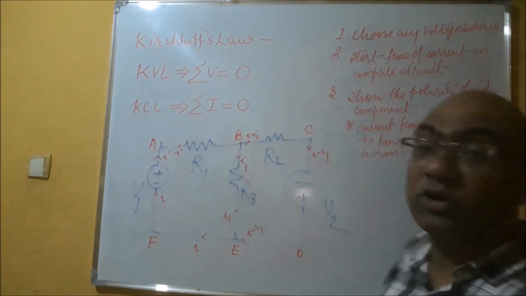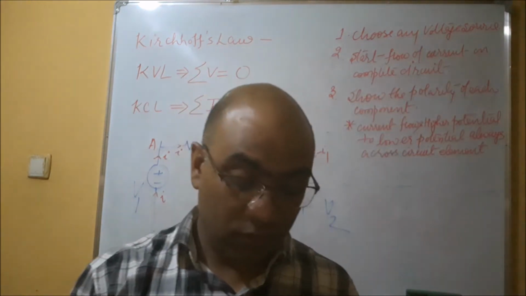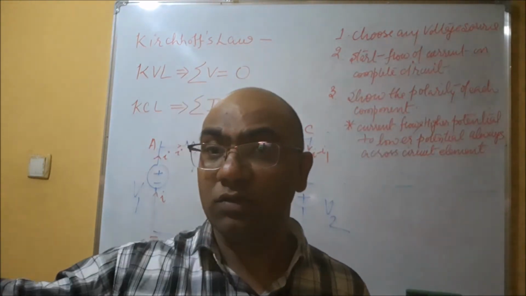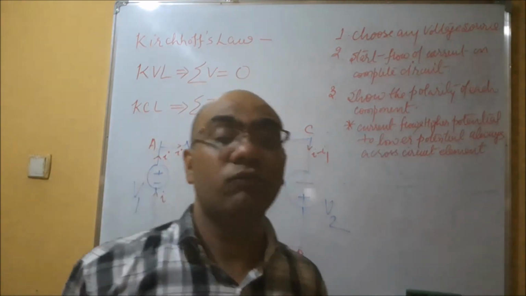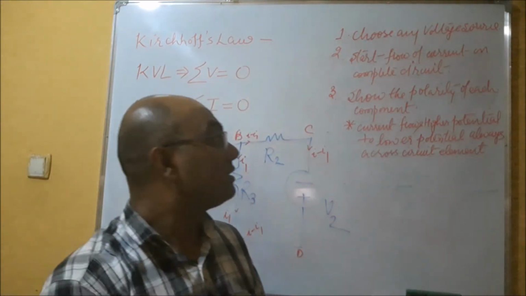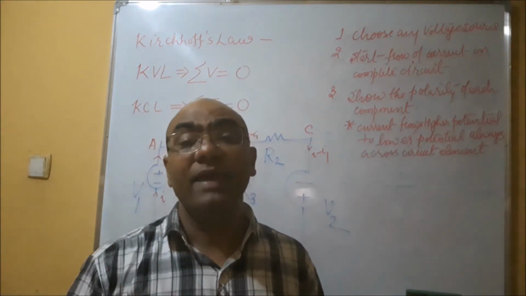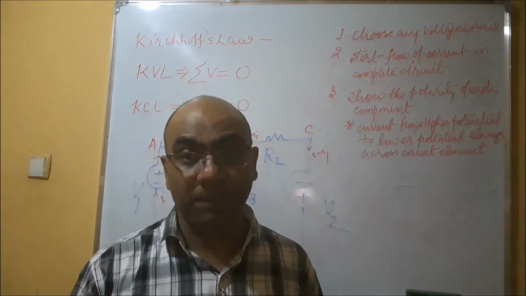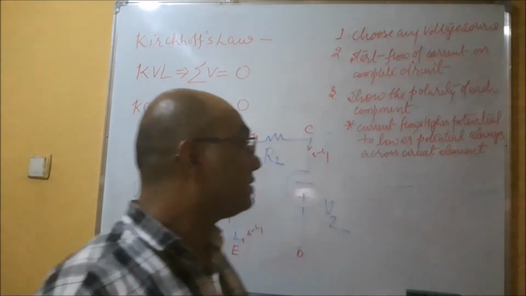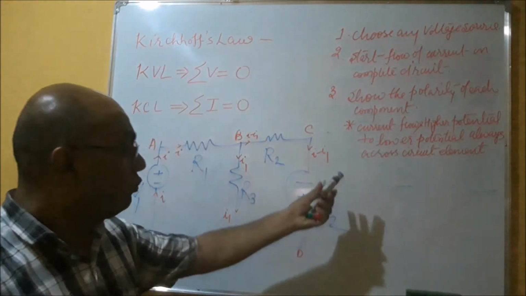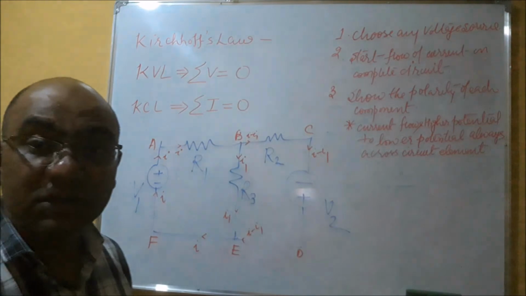So this is the important point. When we are going to make the polarity on the circuit components, what you will keep in your mind is that current always flows from higher potential to lower potential in any circuit element. So how can you make the polarity now by using this convention?